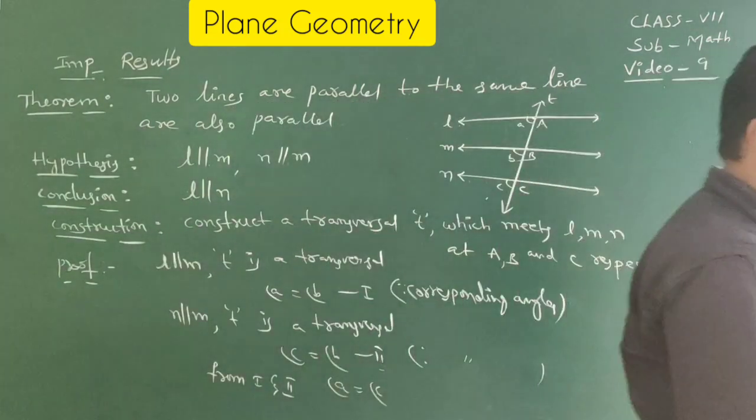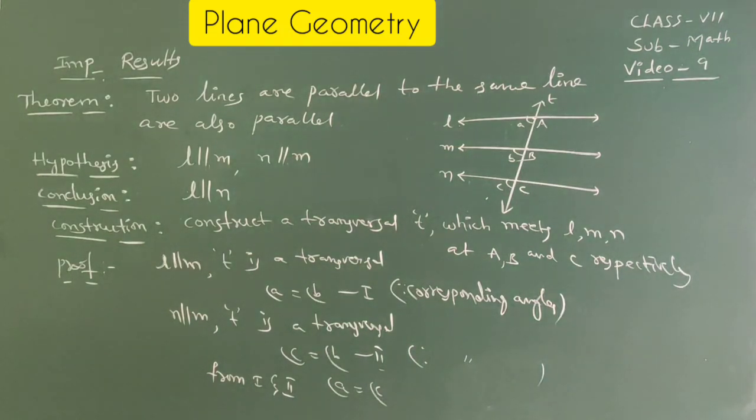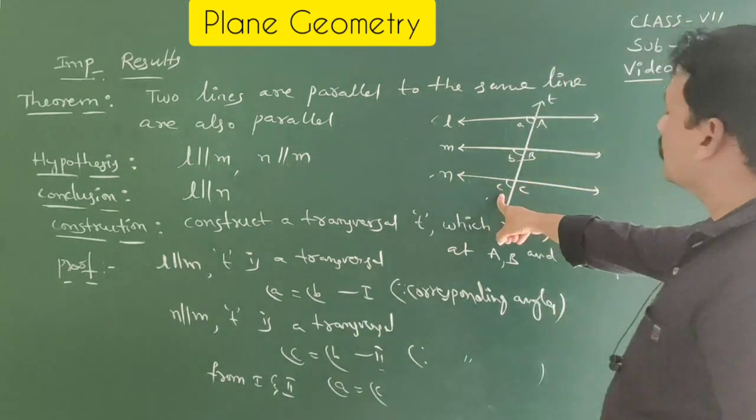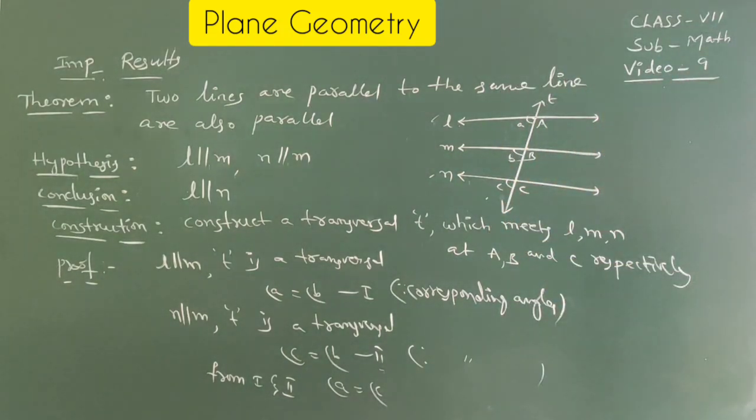Can we say or not? Yes. Two things equal to the same thing are equal. A equals B and B equals C, so A equals C. Now, what are A and C? For L and N, A and C are corresponding angles.